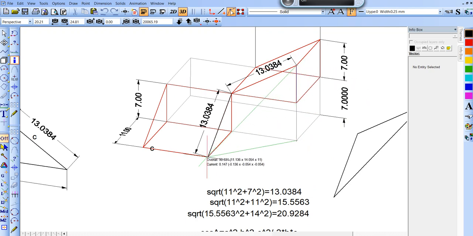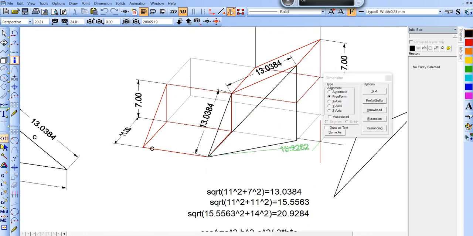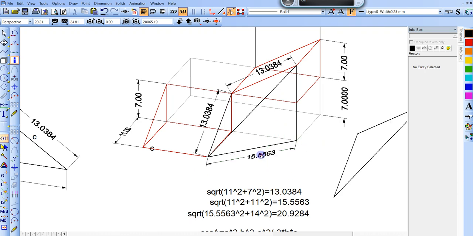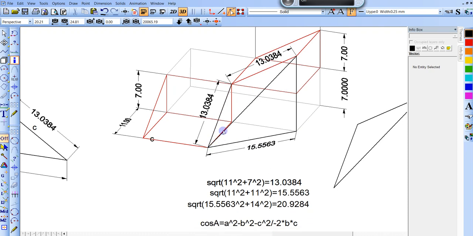We need this length right there. You get that with this, this is 11, and this is 11. So 11 squared plus 11 squared, get the square root of that, you'll get this 15-inch leg here. And then you have this rise as 7 and 7.